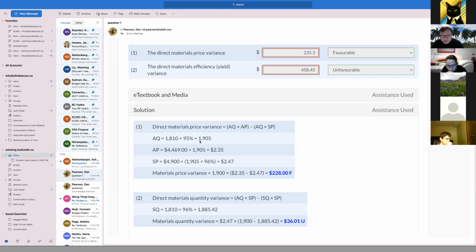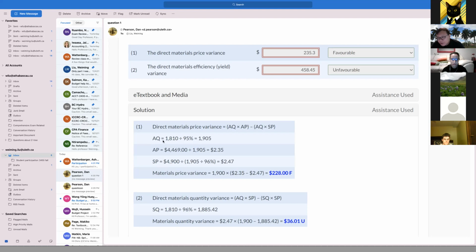That 1905 includes the waste, so 1905 minus the 5% waste, you still get 1810 left, because that's the ingredients you have to have to make that product. So that's why you divide by 95%. Does that make sense?